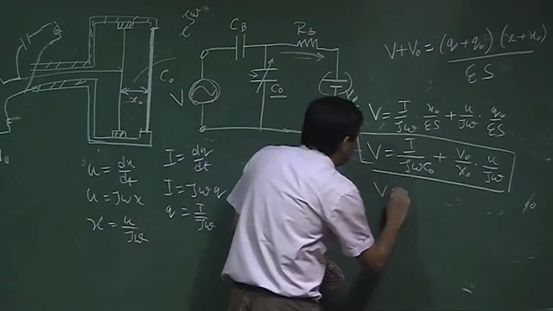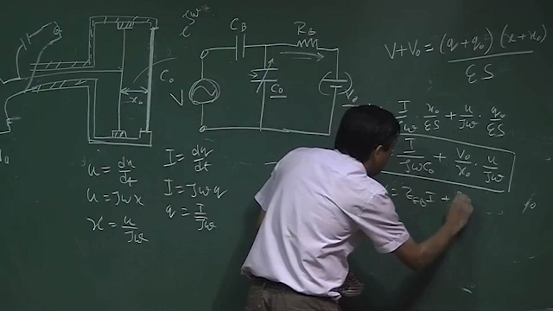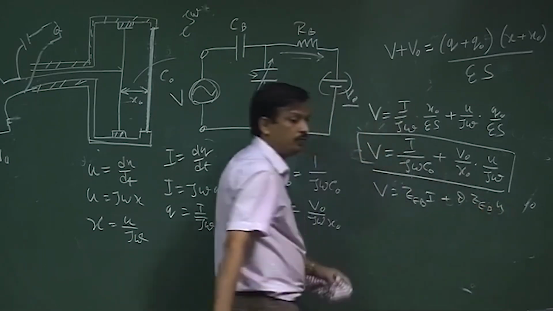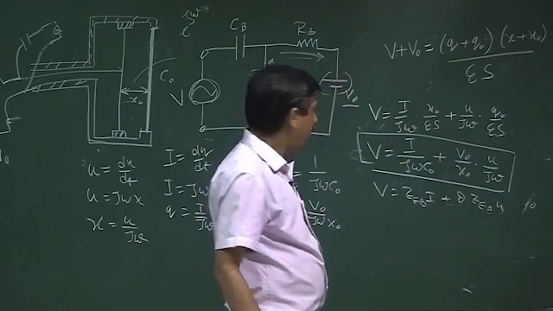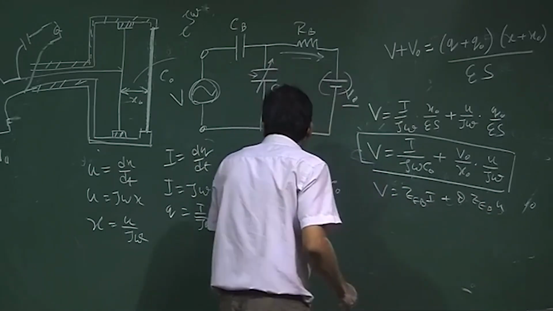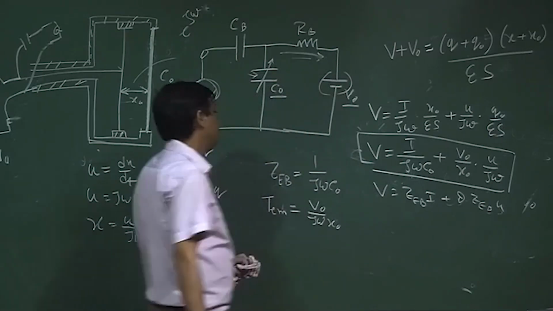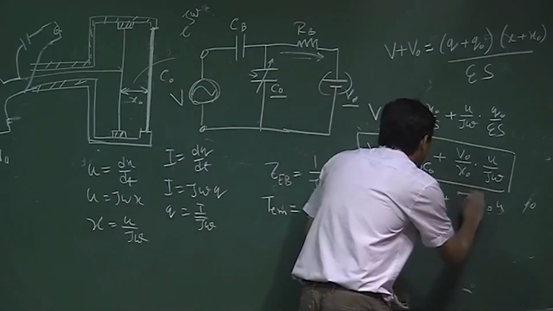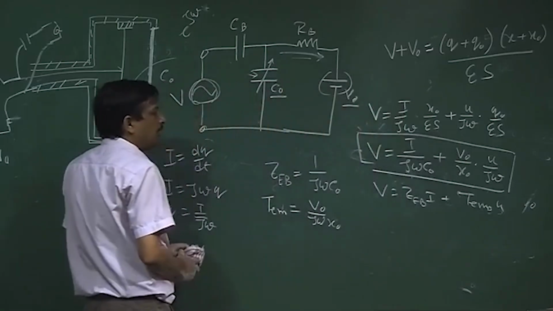So, V is nothing but ZEB into I plus, not phi, I write TEM, into U. So, this is canonical equation 1.